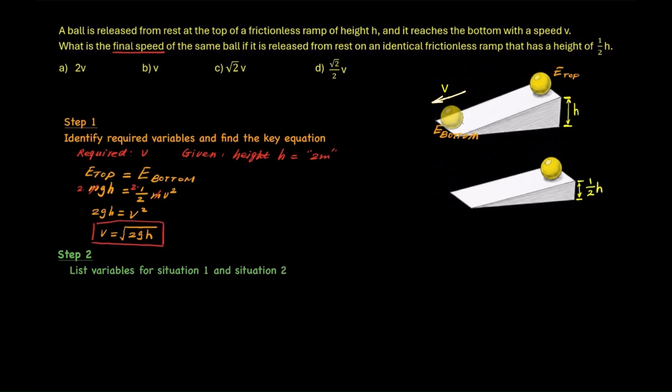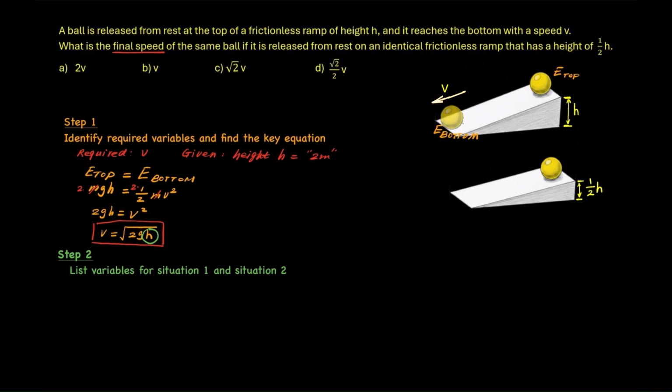The second step is to identify and list only the variables that are on the right side of the equation for the two situations. The only variable on the right side is the height h. 2 and g are the same in both situations. They are constants that will eventually drop out when we set up the ratio, so we leave those constants alone.